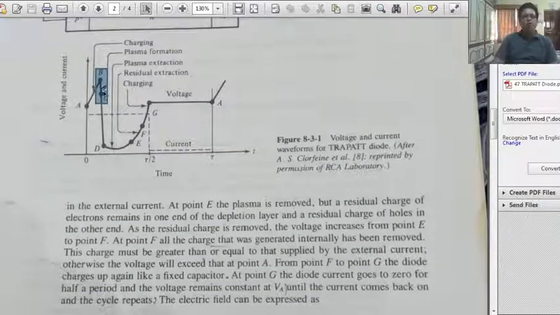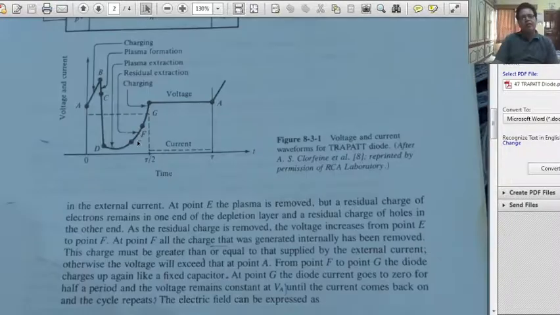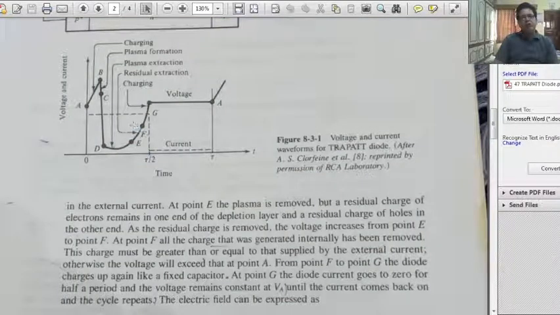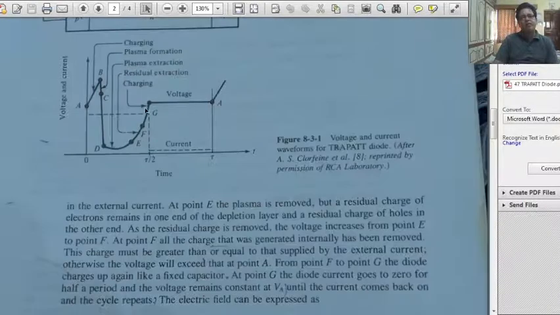This is the curve from B to C. Initially, from A to B is charging. B to C is plasma formation, C to D is plasma extraction, and E to F is residual extraction.